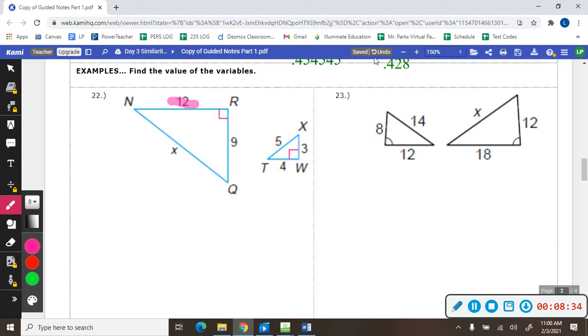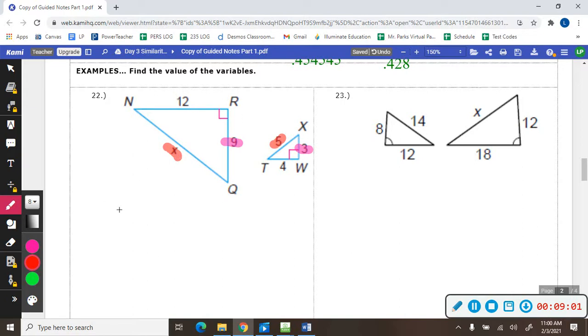And it's actually easier to start with the smallest. So the smallest side on this triangle is 9. And so that must go with the smallest side on this triangle. So that would be 3. So 9 and 3 are in the same spot. And then using that same logic, the largest side should go with the largest side.